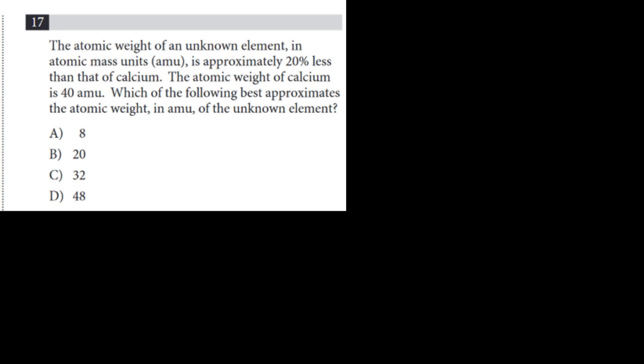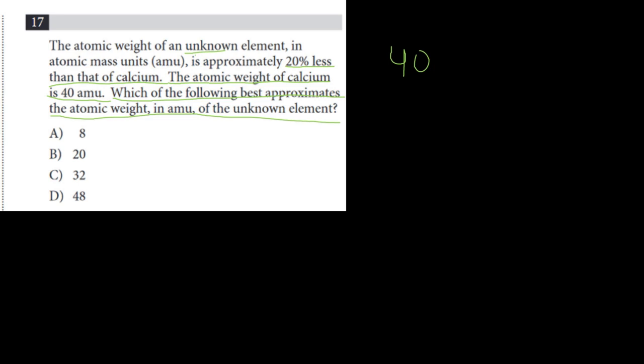With this problem, let's look at the question first: which of the following best approximates the atomic weight of the unknown element? Okay, so I have to figure out what my starting point is. My starting point is calcium, which is 40 AMU. And it says that the unknown is going to be 20% less than calcium.